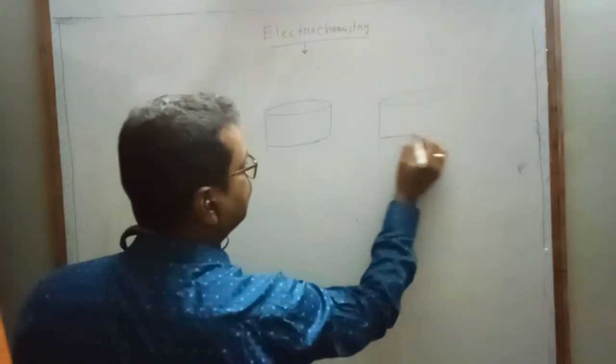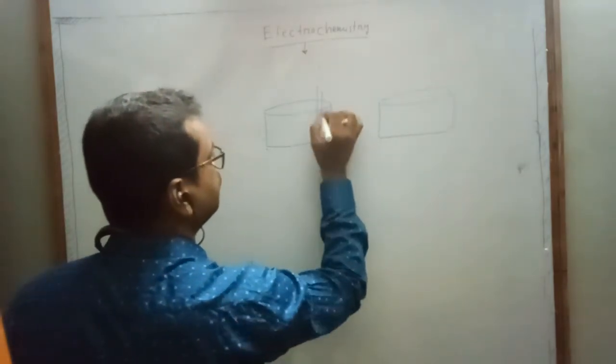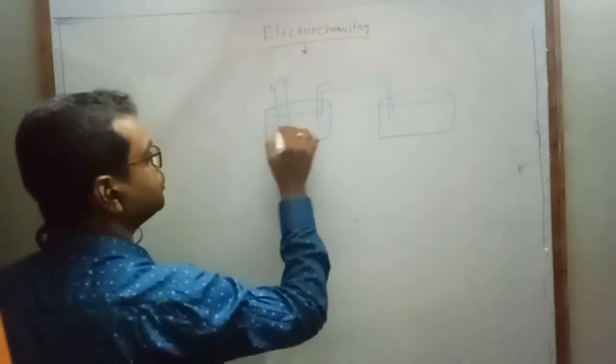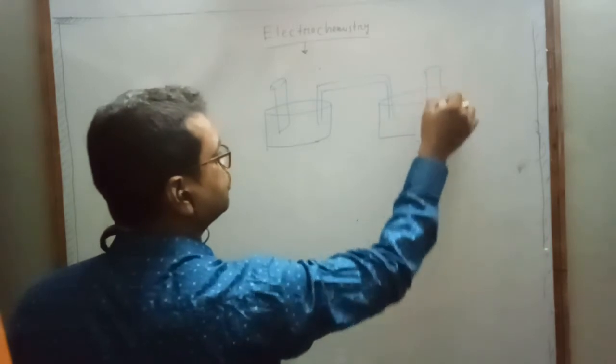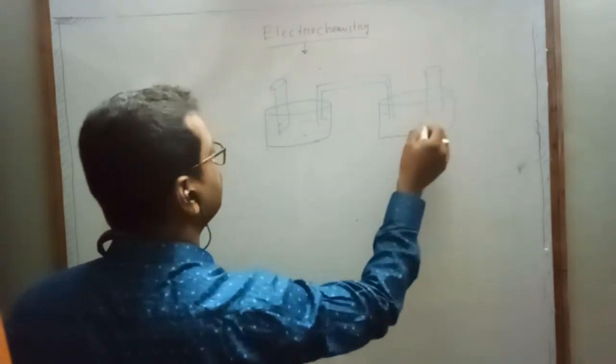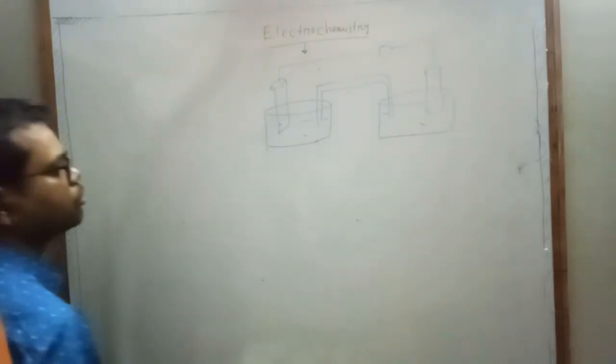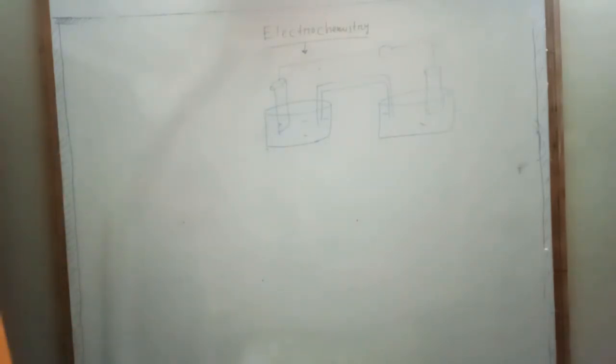In this cell, what we have learned is that it is connected by a salt bridge. So we have to learn the function of the salt bridge. This is an electrode, this is another electrode. So this is the cell that we have learned.